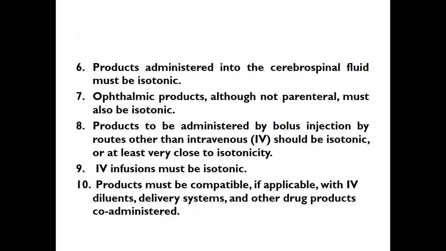Ophthalmic products should also be isotonic, though these are not parenteral products. Products to be administered by bolus injection by routes other than intravenous should be isotonic or at least very close to isotonicity. IV infusion must be isotonic. Products must be compatible, if applicable, with intravenous diluents, delivery systems, and other drug products co-administered.